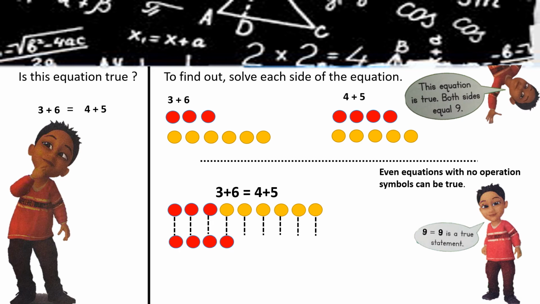Both sides of the equation have the same value, which is 9. So 9 equals 9. For that reason, it's a true equation. Now, why is this equation, without any operation symbols, true? Because each side of the equation is 9, so both sides have the same value.